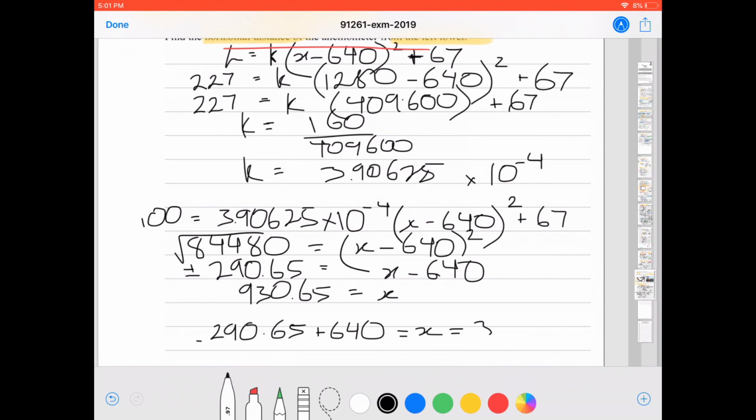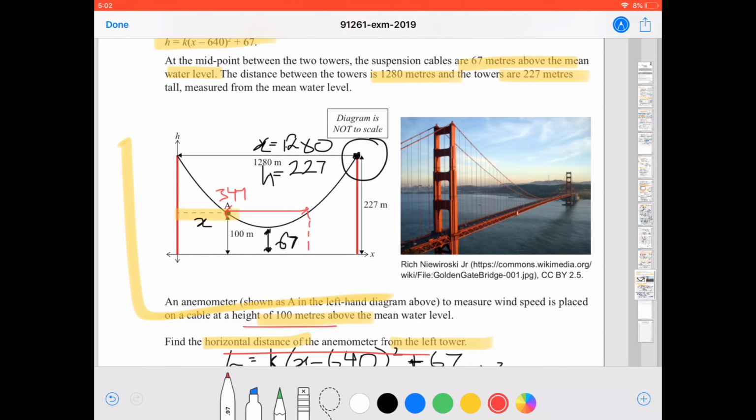So if we go back to the question and look at what's going on here, this height of 100 appears twice on the parabola. So if we draw a horizontal line, it also appears here. So we are looking for the lesser of the two x values. So this is 349, and the second point would be the 930.